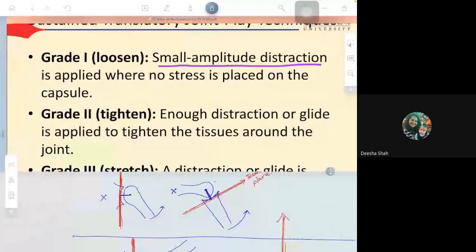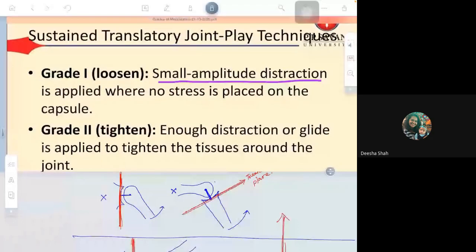Grade 1. What is grade 1? Small amplitude distraction applied where no stress is placed on the capsule. What is distraction?